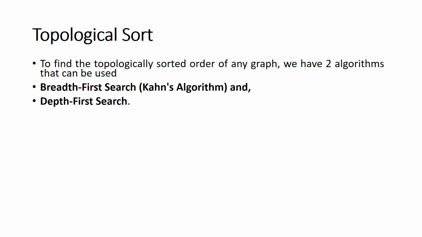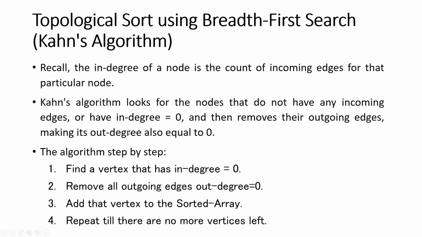To find the topological sort, we need to use an algorithm. Mainly, there are 2 algorithms, the breadth first search and the depth first search. Okay, topological sort using the breadth first search. Just recall, the in degree of a node is the count of incoming edges for that particular node.